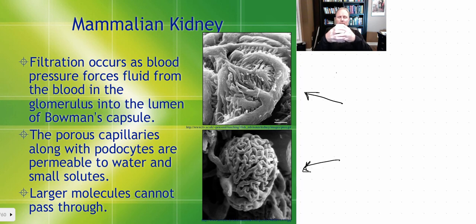They've got little extensions on them that almost look like your fingers put together, and that's going to form those filtration slits that allow the really small molecules out, but you can see how small these structures actually are. No protein should be getting out of these. Maybe some amino acids, some sugars, some ions, things like that, but certainly no proteins and no larger macromolecules are going to get out of there. So really the small things get out into what's called the filtrate, and that would be in Bowman's capsule.